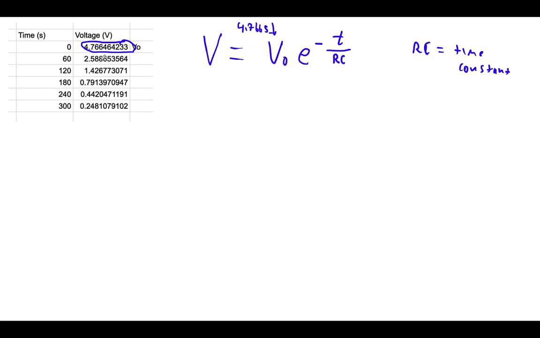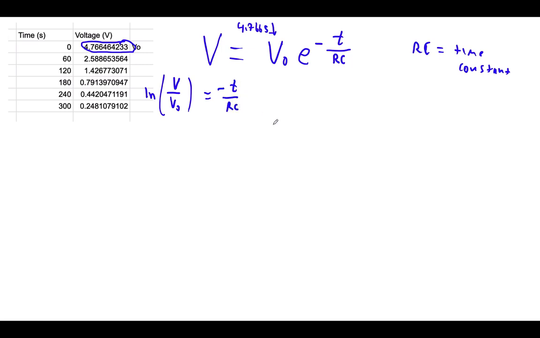So I want to solve for this RC. And I like to do it algebraically first. So let's solve for RC here. First step, V divided by V0. And let's take the natural log of that. And then that's going to be negative T over RC, right?